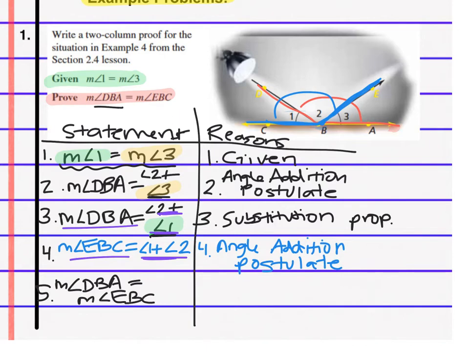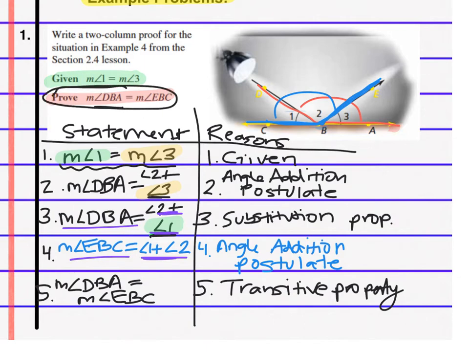And what property did we use? That is the transitive property. Okay, so pause the video if you need to. I know that I'm done with my proof because the last line should always be what it's asking you to prove. Okay?